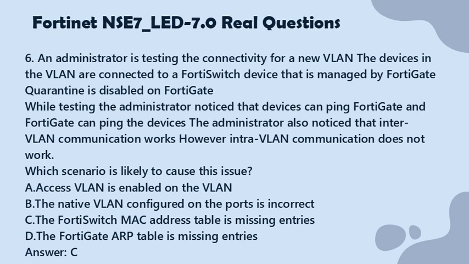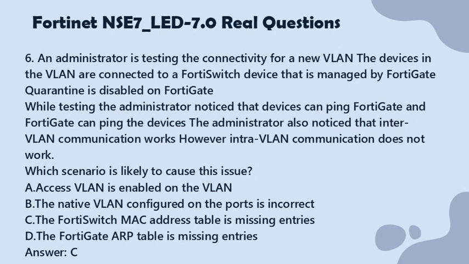6. An administrator is testing the connectivity for a new VLAN. The devices in the VLAN are connected to a FortiSwitch device that is managed by FortiGate. Quarantine is disabled on FortiGate. While testing, the administrator noticed that devices can ping FortiGate and FortiGate can ping the devices. The administrator also noticed that inter-VLAN communication works, however intra-VLAN communication does not work.